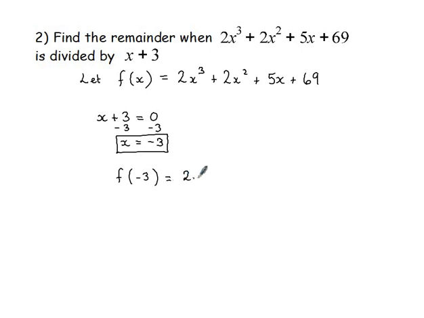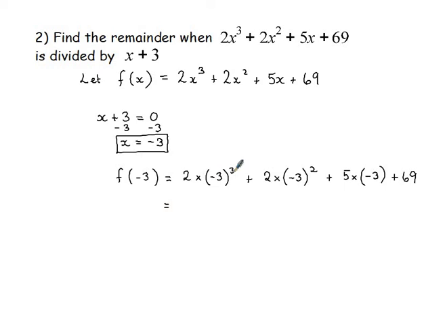So we have 2 times minus 3 cubed plus 2 times minus 3 squared plus 5 times minus 3 plus 69. Okay, each term separately, just like we did last time.